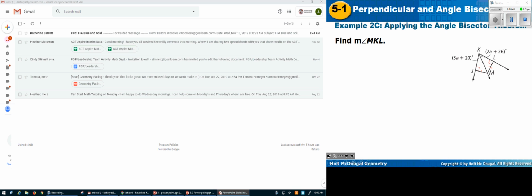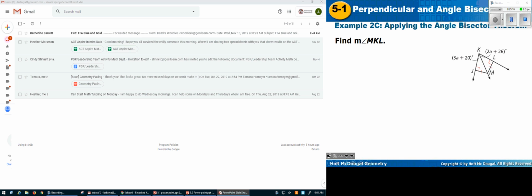So here's an example. First thing you want to do is look at the picture and ask yourself, what are they telling you? What does this picture show me based off of markings? Careful, perpendicular bisector. Okay, it is going to be an angle bisector. What is the angle bisector in this picture?